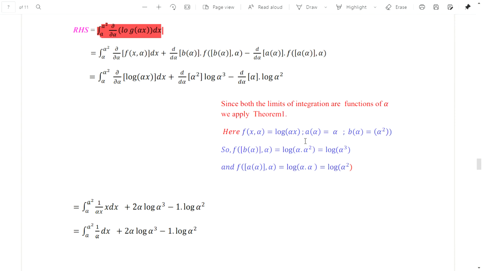The upper limit is α², which is nothing but b(α), and the lower limit is α, so that is our a(α). So a(α) is equal to α, b(α) is equal to α².